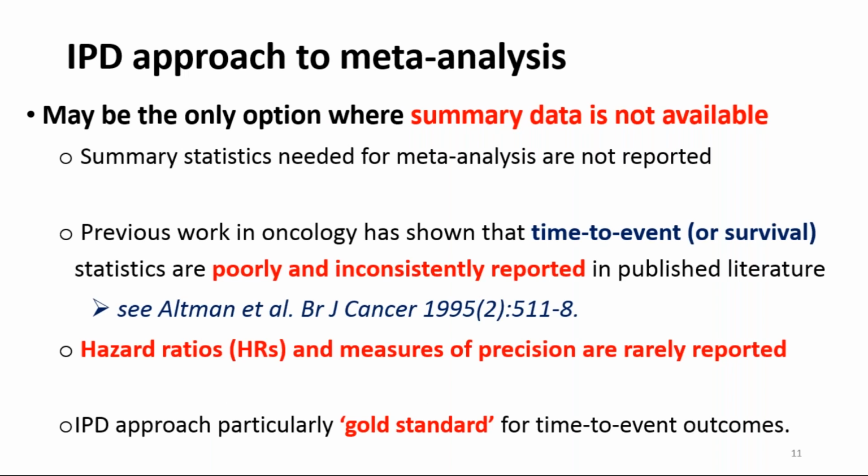And previous work within oncology, within cancer trials, has shown that time to event statistics, or survival statistics, so these statistics needed for outcomes such as overall survival, progression-free survival, and so on, are actually very poorly and inconsistently reported in the published literature. That actually hazard ratios and their measures of precision are rarely reported. So particularly for time to event outcomes, the IPD approach is definitely considered to be the gold standard for these outcomes.